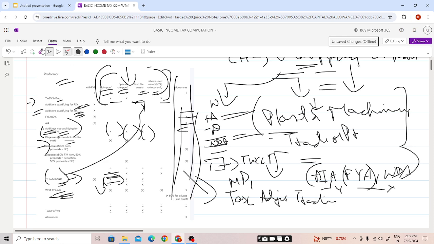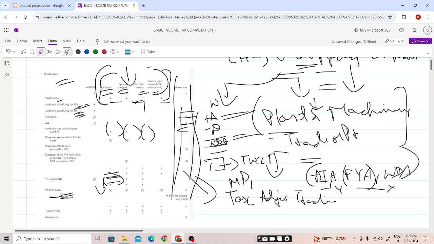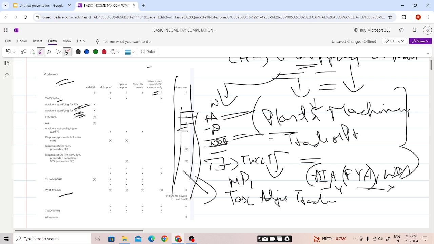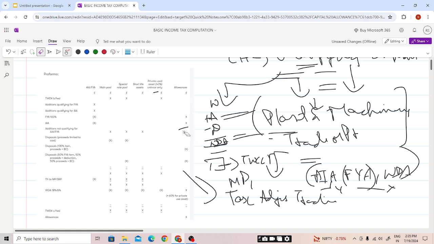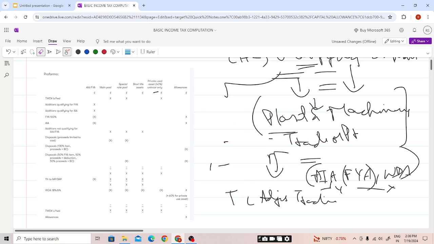The format is clear. As we'll be doing many questions, the format will become clear. Whenever you start, first you need to see whether the asset falls under which pool: special rate, main pool, private or short life asset pool. Then we need to see whether any balance is brought forward or not. It will be specified in the question. Then we need to see whether we have any addition in that year or not.